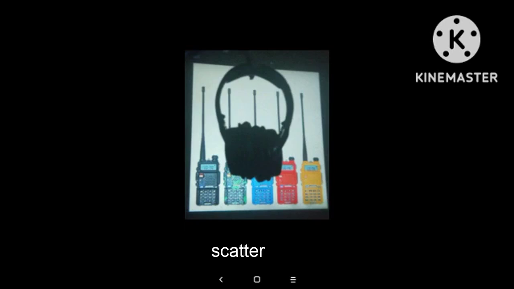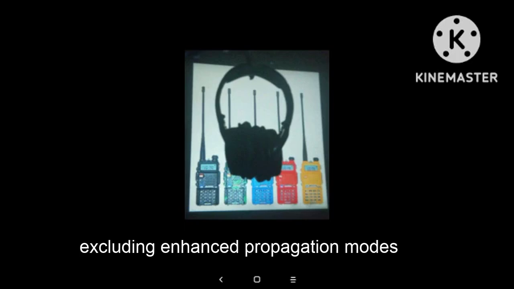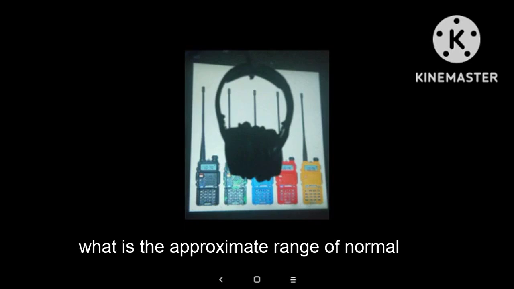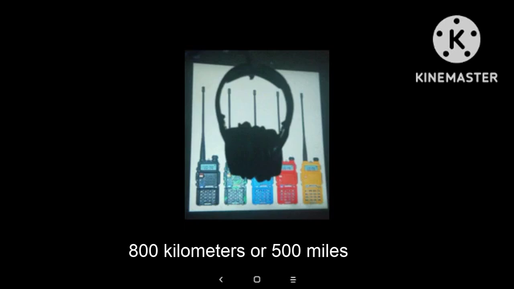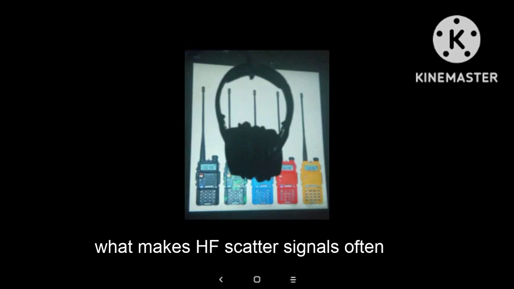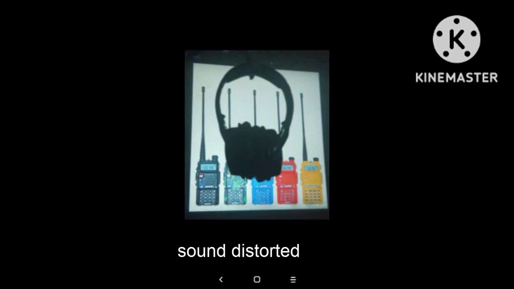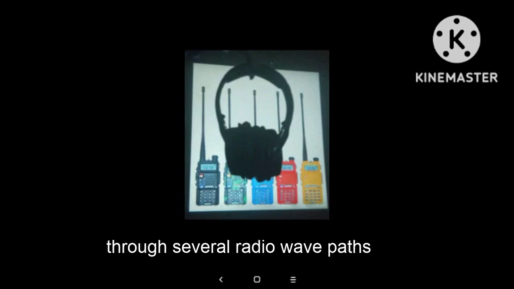Scatter. Number 15. Excluding enhanced propagation modes, what is the approximate range of normal VHF tropospheric propagation? 800 kilometers or 500 miles. Number 16. What makes HF scatter signals often sound distorted? Energy scattered into the skip zone through several radio wave paths.